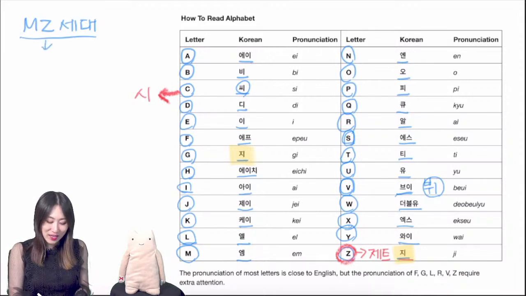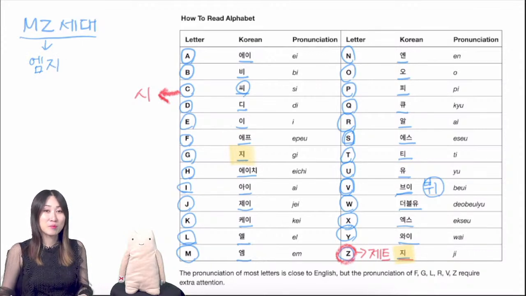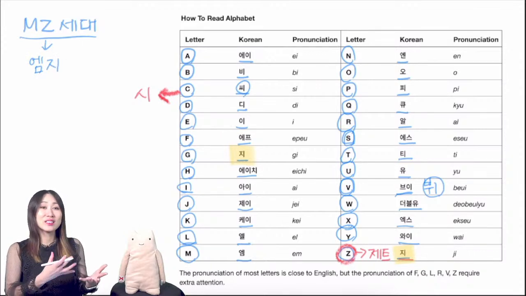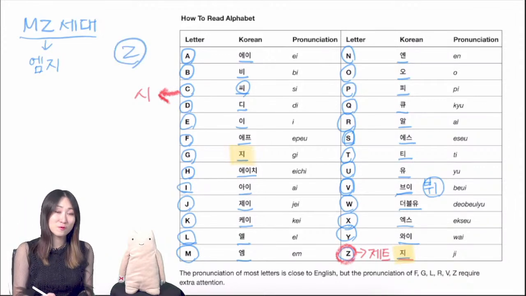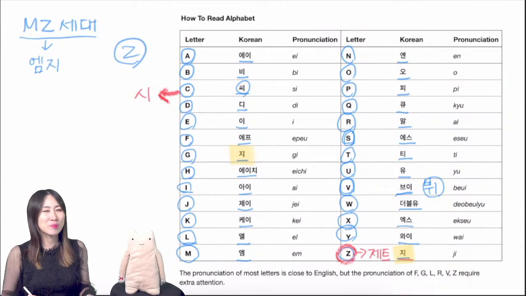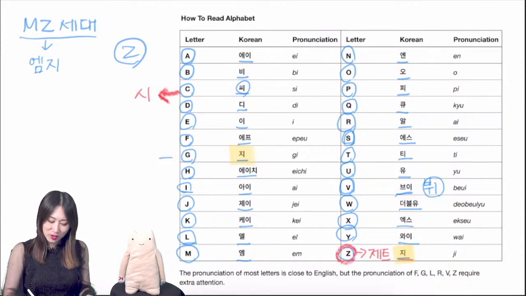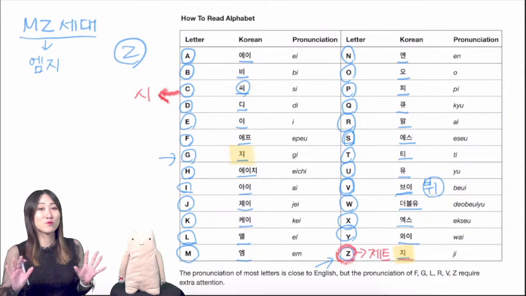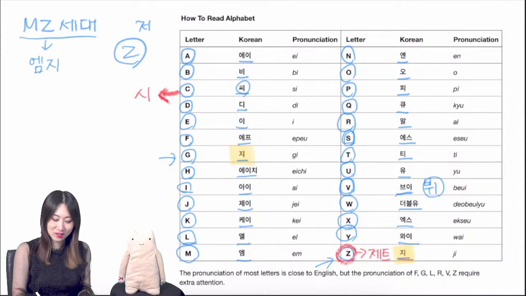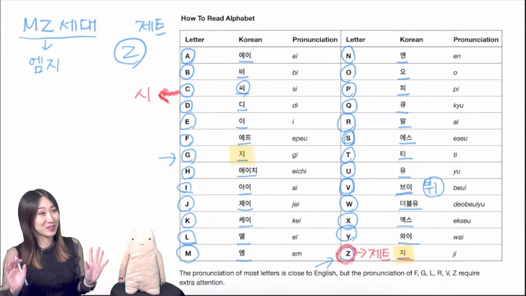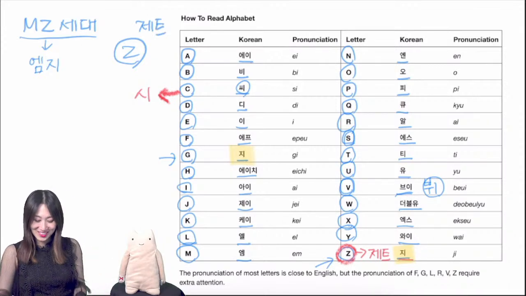This one we say MG 세대. But because it has a context, even if you say MG, people understand. But if you just see this alphabet only, and you read it as G, people are like, is it this one or this one? It's so confusing. So to make it clear, a lot of Korean people say Z in Korean pronunciation. So be careful with this Z.